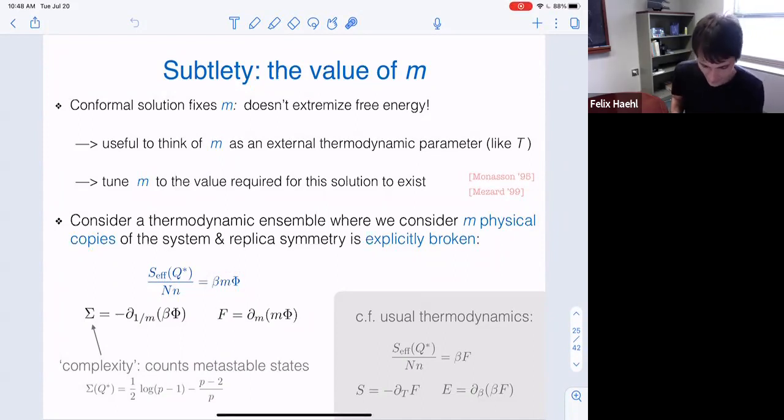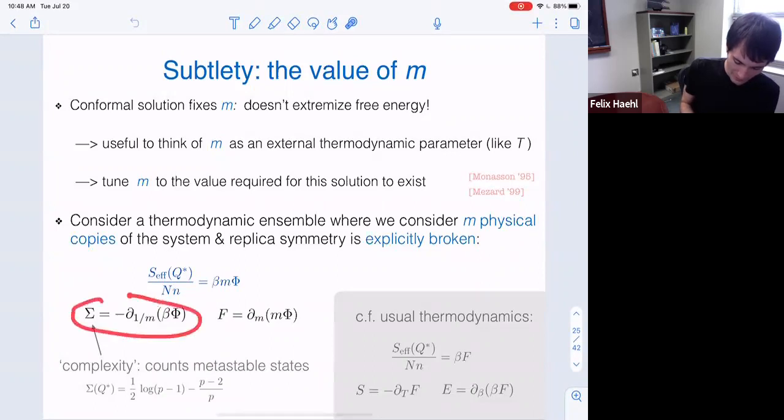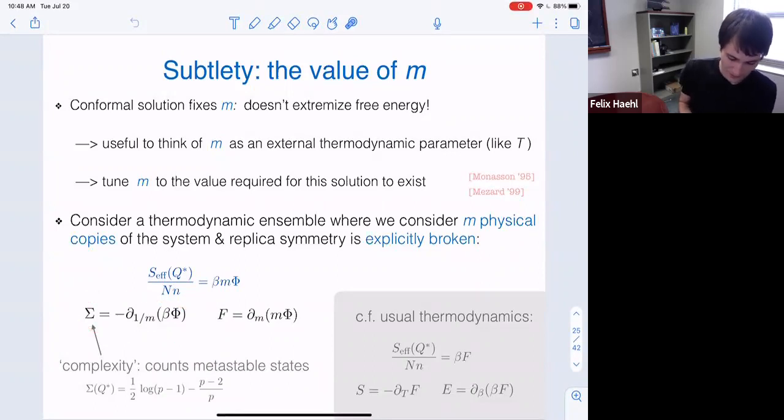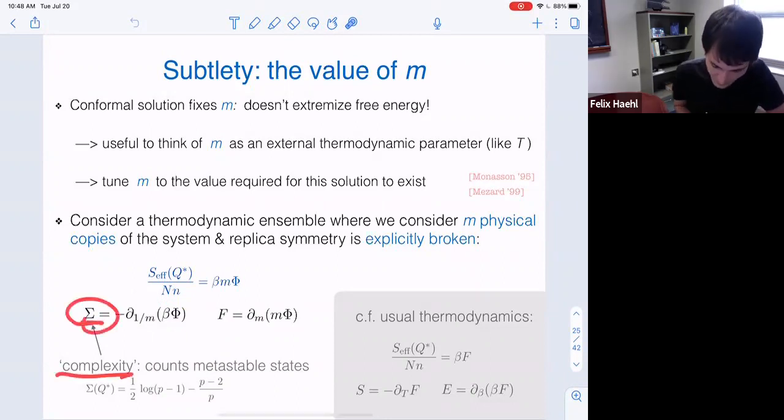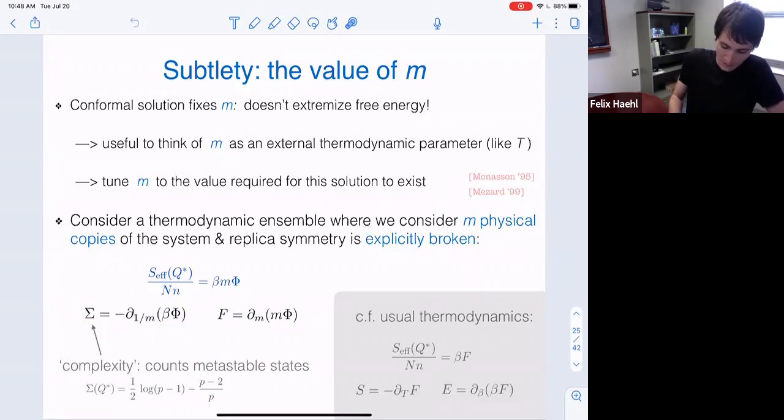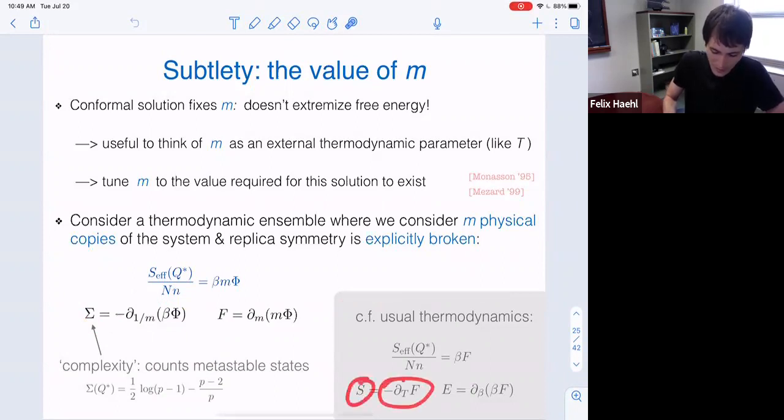Now, if m is a free parameter, you can do thermodynamics with it. There's one interesting quantity you get if you compute the m derivative of this grand canonical generalized free energy. This is called the complexity, sigma. Compare with the usual thermodynamic quantities: where you take a temperature derivative of F, you get the entropy.